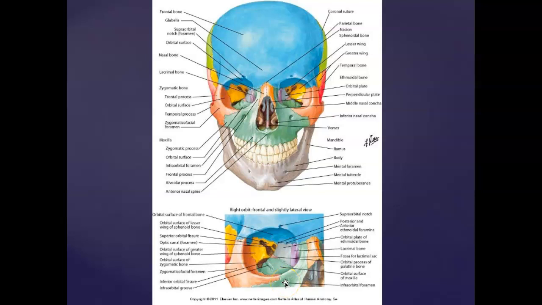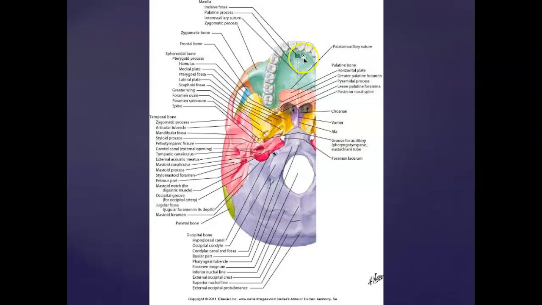There's an incisive foramen, or incisive fossa, or canal. Let's look on the bottom side again. That's this portion right here, right behind the incisors, in midline.